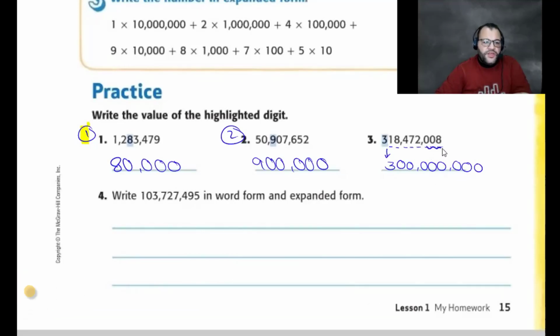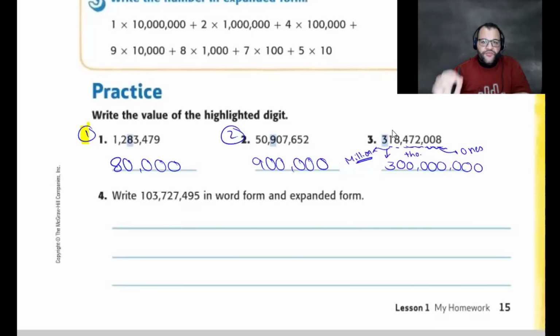The name of the first period is the ones period. The name of the second period is the 1,000 period. The name of the third period is the million period. The highlighted digit lies in the million period. So we need to find the position of the digit in the million period.